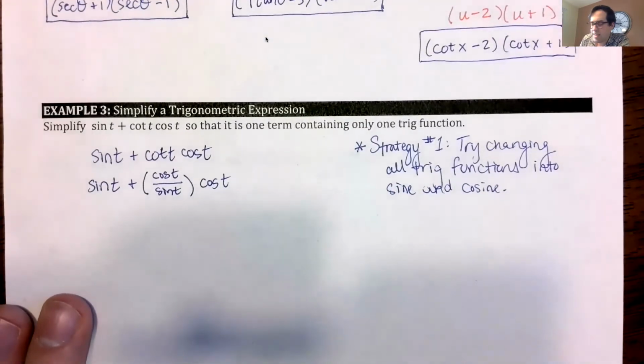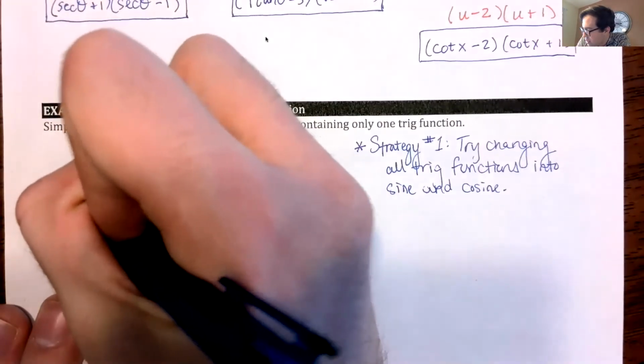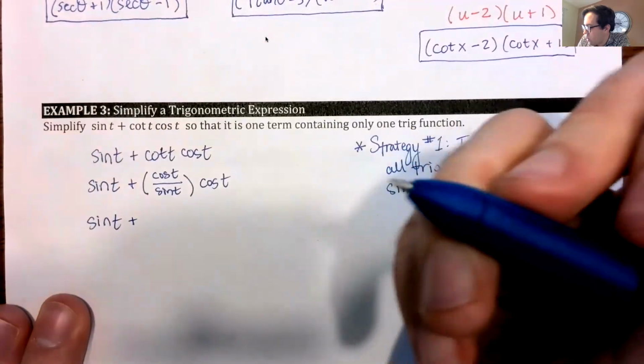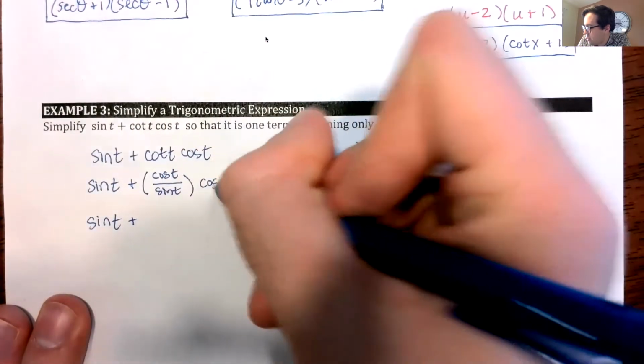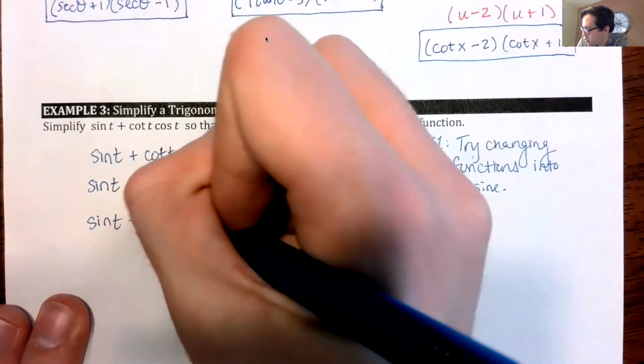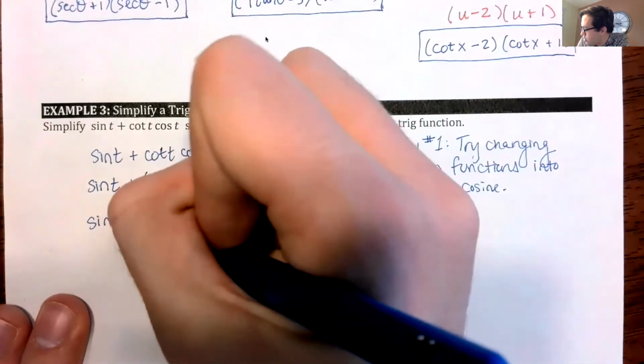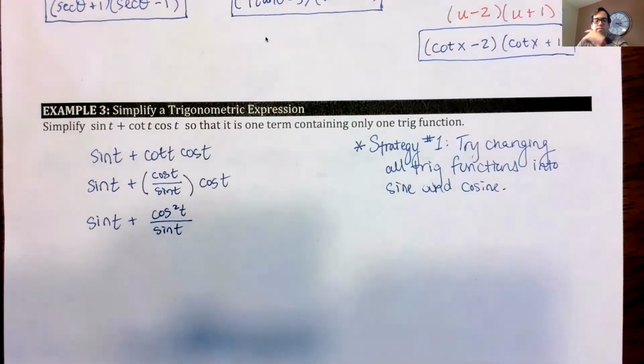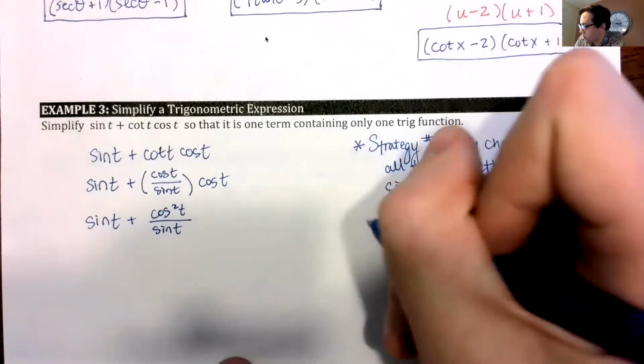And nothing immediately canceled out, but I'm going to rewrite this now. Multiply together. So the cosine times the cosine gives me cosine squared t over sine of t. Okay. So another strategy is to try to find a common denominator if we have multiple terms.